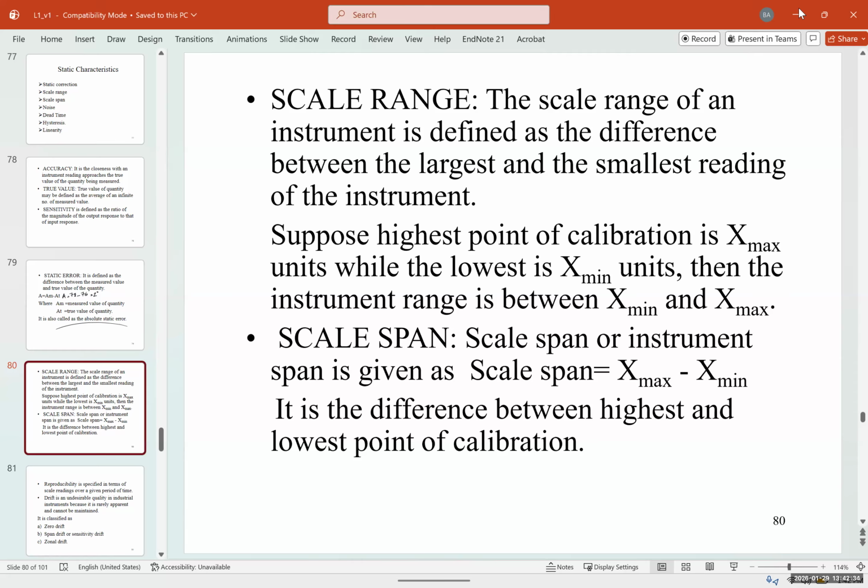It's going to be our scale span. So again, if you have a voltmeter that can measure between, let's say, 10 volts and 200 volts, then your scale range, I'm going to call it SR, is between 10 and 200.